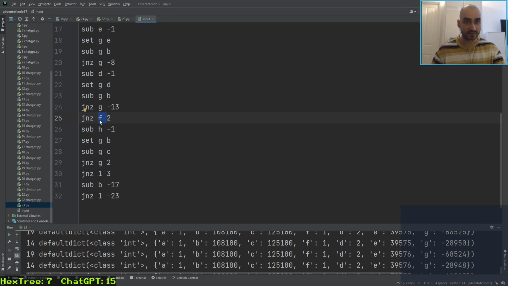And f is equal to 0. So we're counting how many times f is equal to 0. That's not quite that. If b is ever equal to c, the program terminates. So that will only happen once.